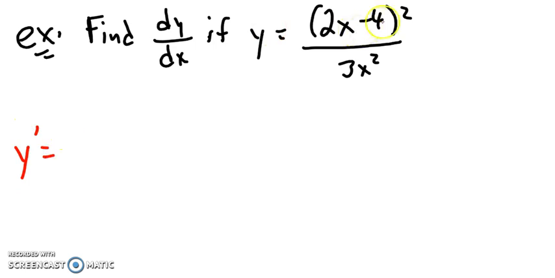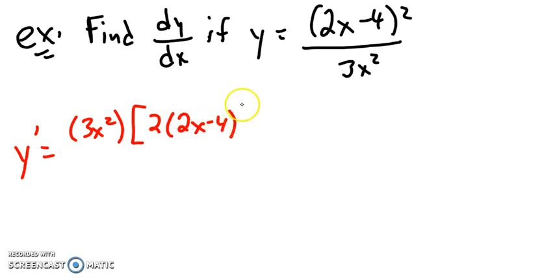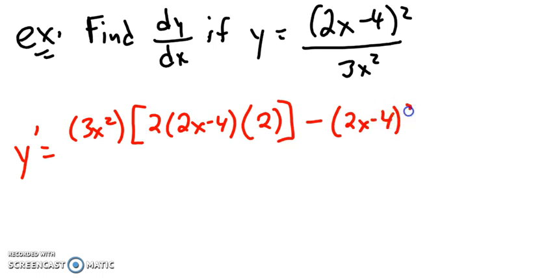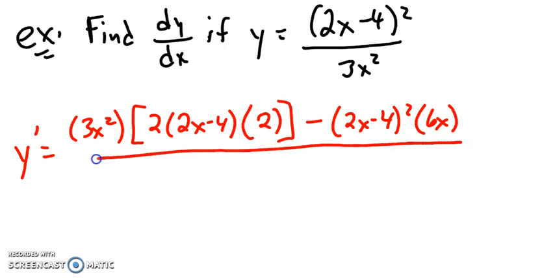So the derivative here is low d high, so the derivative of the high is chain rule, 2 times 2x minus 4, raised to the first power, I'm not going to write that 1, times the derivative of the inside, minus high, derivative of the low, over low squared.